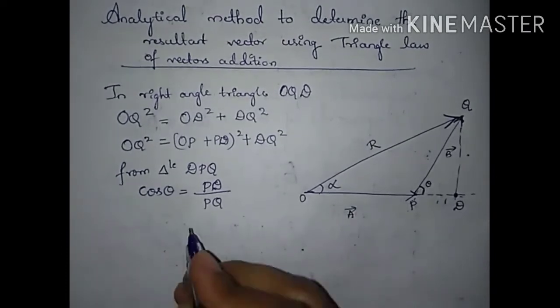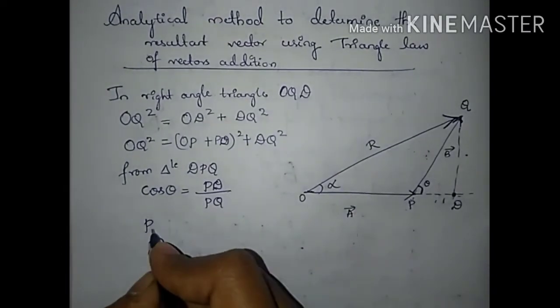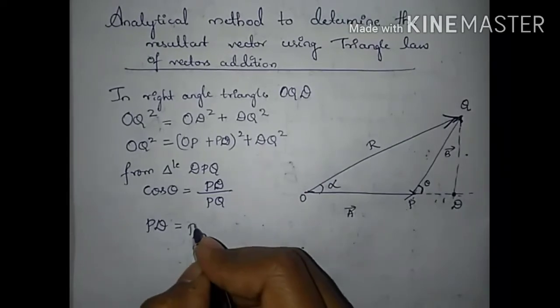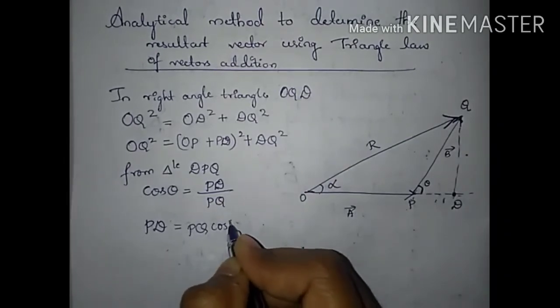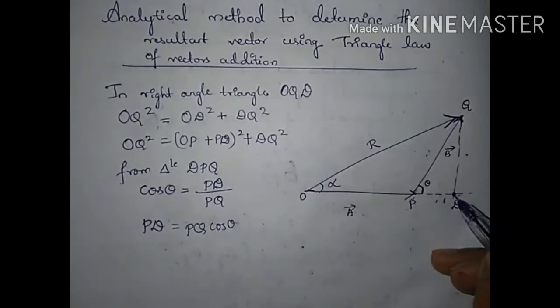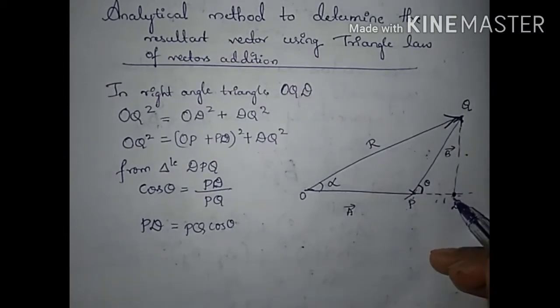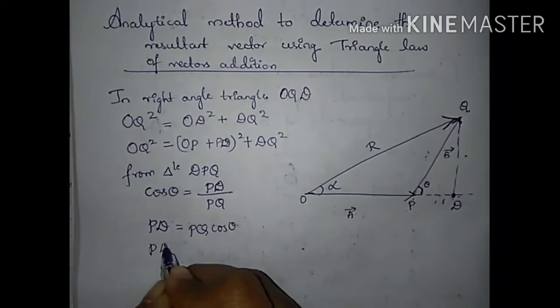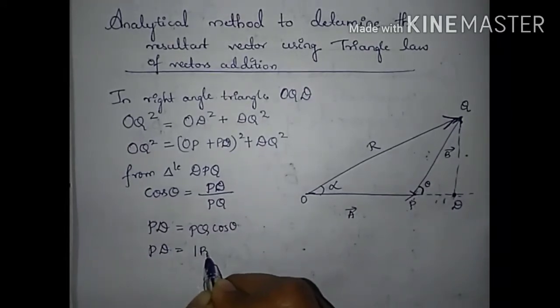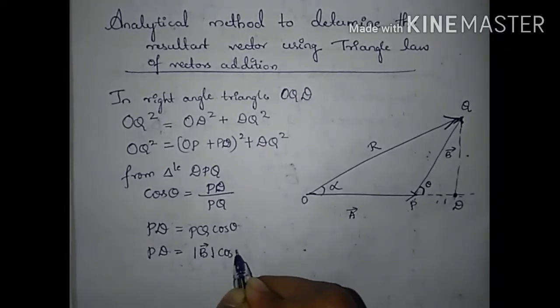So from this we can write PD. PD will be what? PQ cos theta. So PD is PQ cos theta, or this can also be written as PD is equal to mod of vector B cos theta.